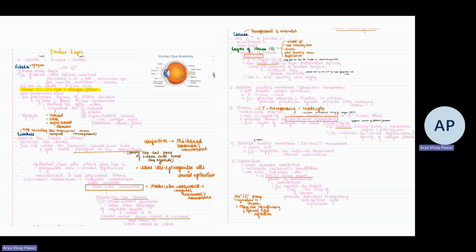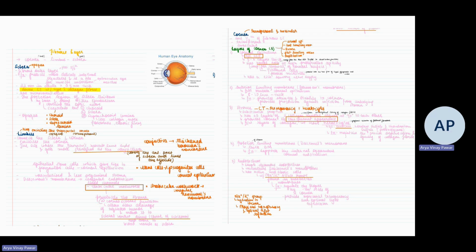Now, these keratocytes have keratan sulfates and chondroitin sulfates, along with proteoglycans. What these keratocytes do is help maintain the precise organization. You know how I mentioned that the cornea is transparent whereas the sclera is not.